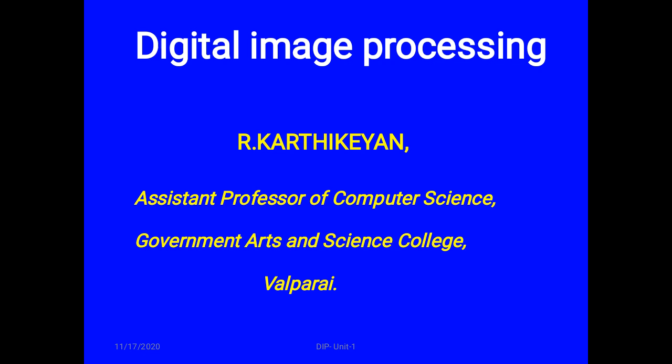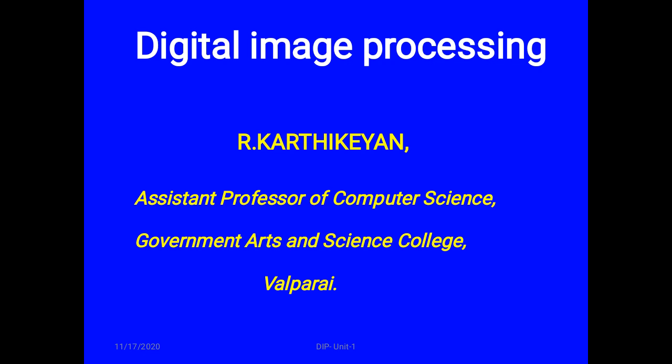Here, the first chapter is focused on introduction to digital image processing, and the very first topic that we deal with is what is digital image processing. The title has three terms: digital, image, processing.